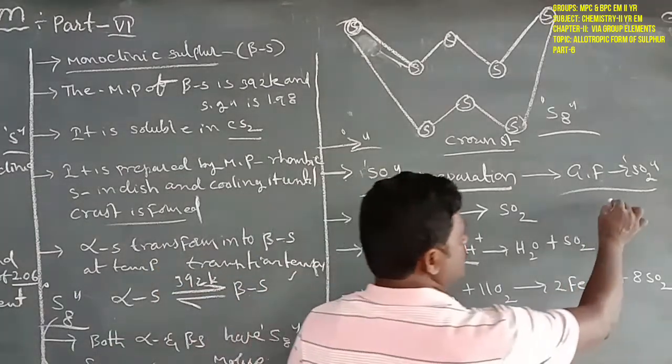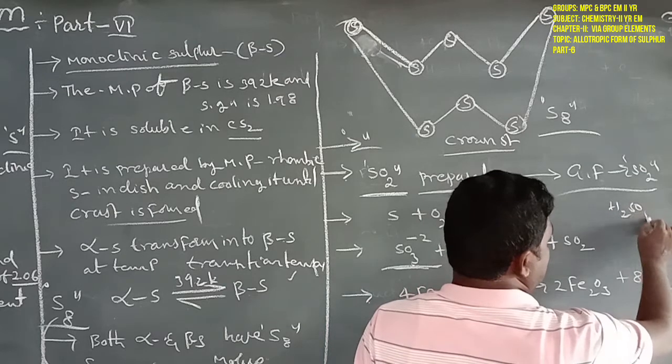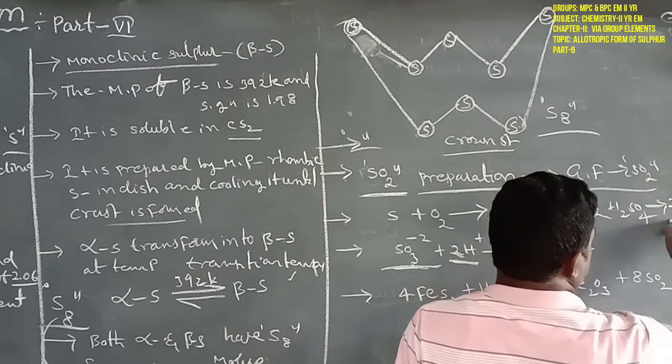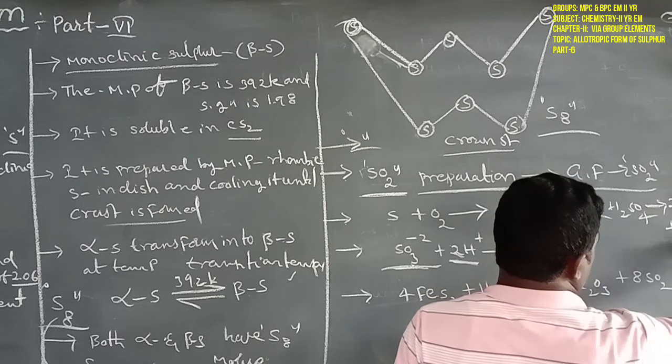Here is H2SO4, which cleaves into two ions, 2H+ ions and the SO4 2- ion.